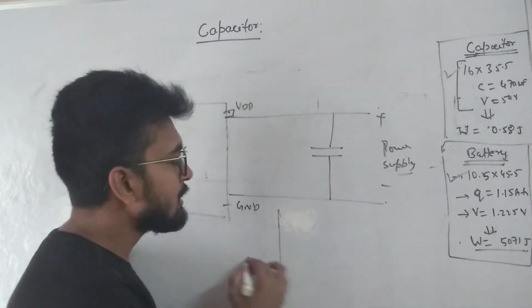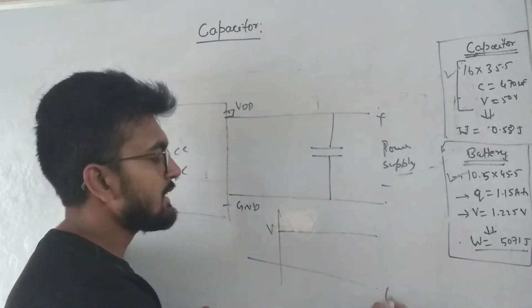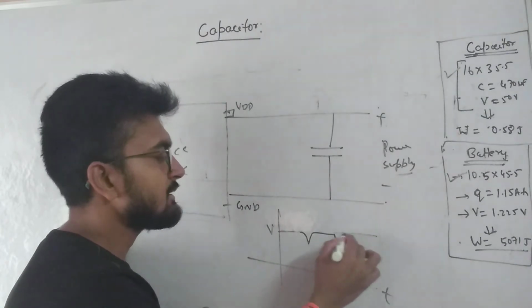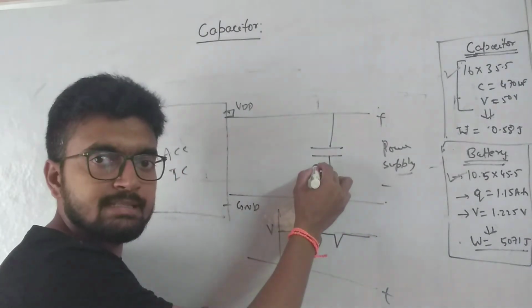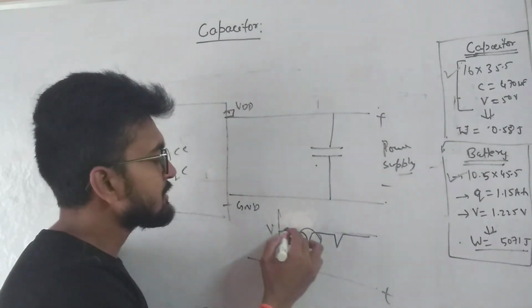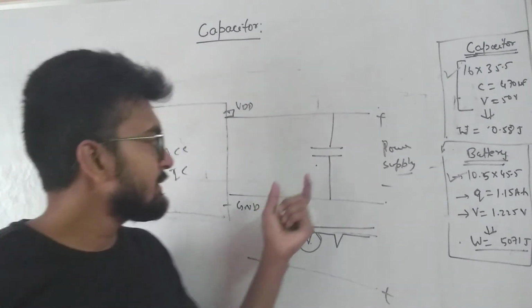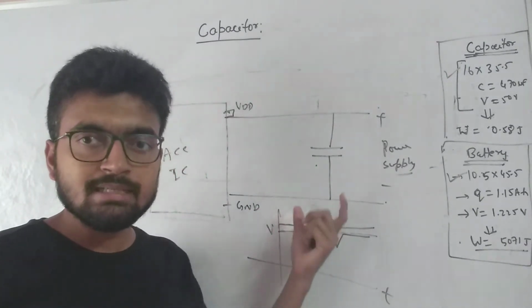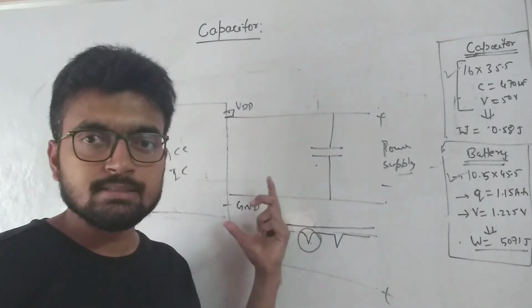Suppose the voltage should be constant versus time, but there comes a time when it drops and then moves up like this. If you attach a capacitor here, this smoothens the curve into a straight line. In the moment when it comes down, the capacitor keeps it up. So that's one of the applications of capacitor in IC design.